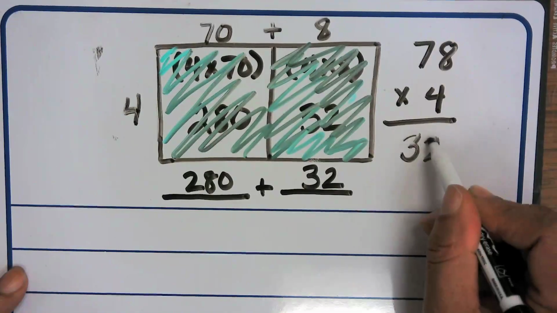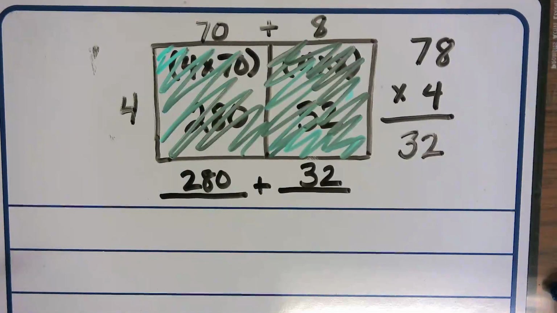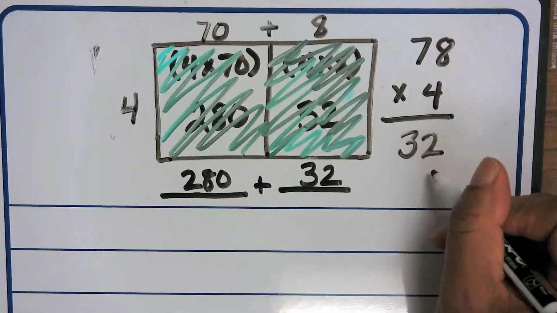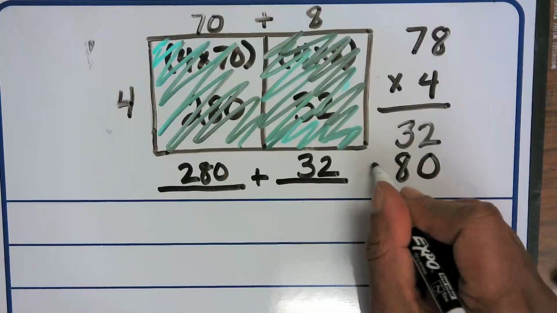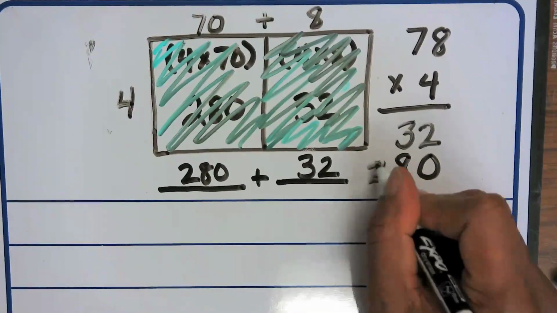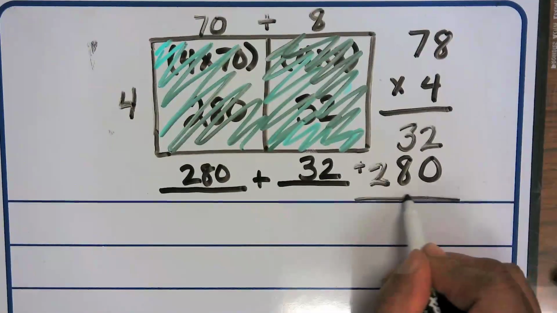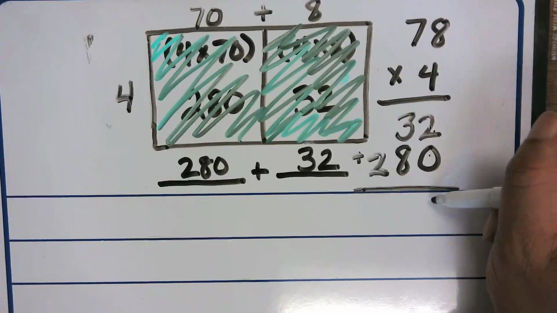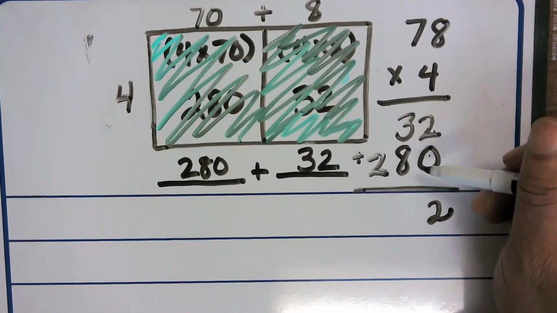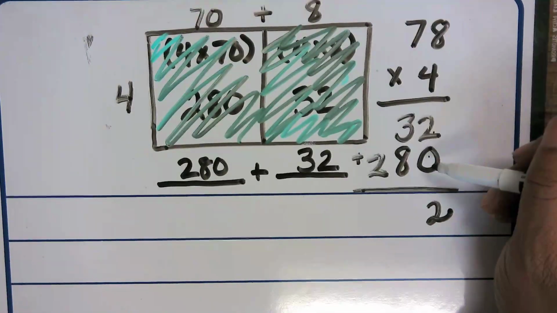Now, friends, this is where our standard algorithm addition comes in. We must line up our values according to place value. 32, and then 0 ones, 8 tens, 2 ones, 2 hundreds. I add them all together. 2 ones plus 0 ones is 2 ones. It's important.